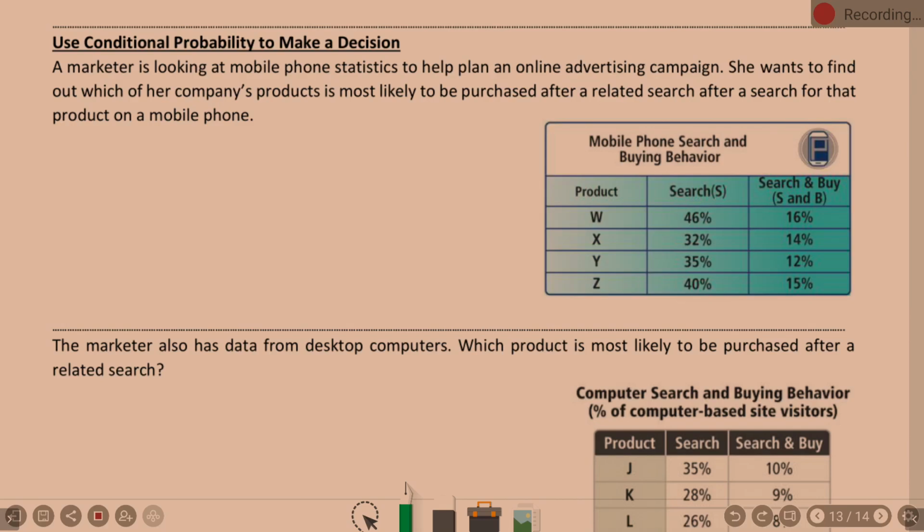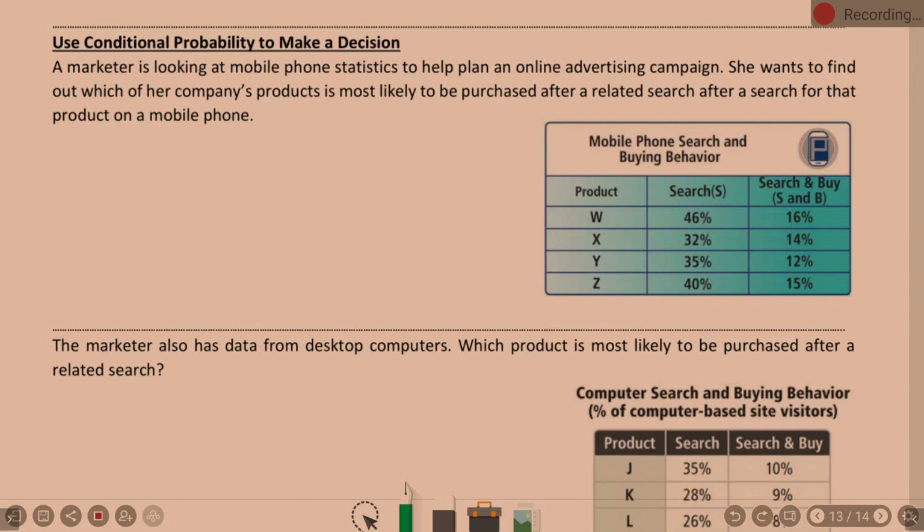And then we have some information about searching, how often these were searched, and then search and buy, so the idea of how often they were searched and then bought. Now, with that in mind, we want to know which one is most likely to be purchased after this related search, after the initial search. What's my setup?